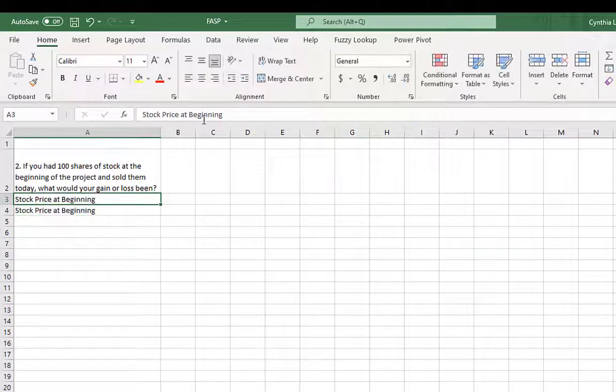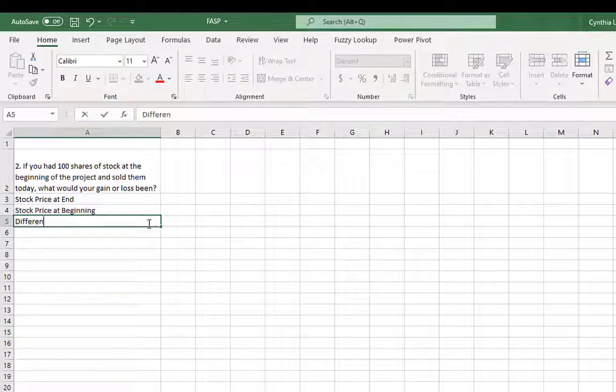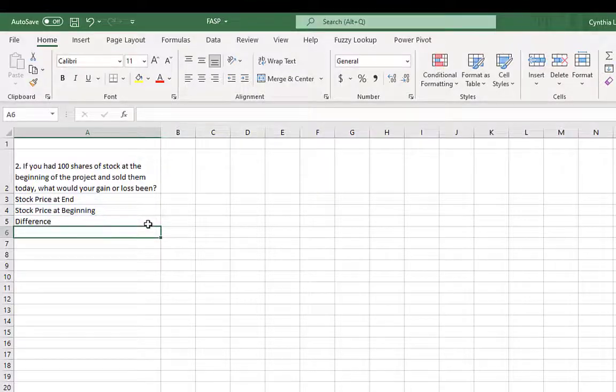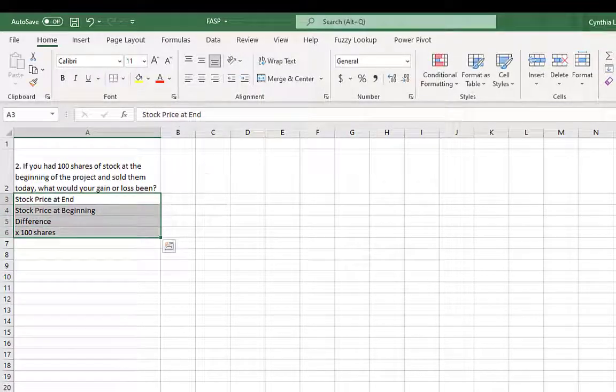It'd be better if we do it this way. Let's do end first. And then our stock price at the beginning. And then the difference. And then we're going to times 100 shares. Just put this, and let's make that a small x. Okay, let's justify these.